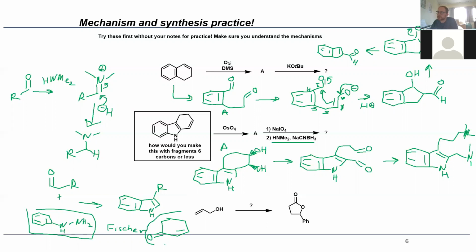So cyclohexanone, cyclohexenone. Does this make sense to everybody? So a real clear understanding of how to make indoles, and the best way to do that is often Fischer indole synthesis. Okay, seems to be good.